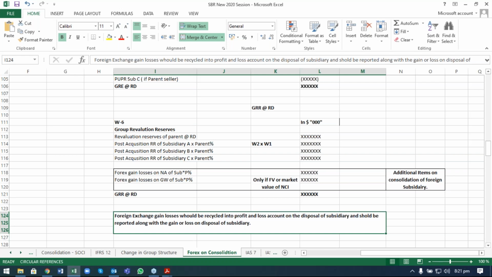If you have fair value of NCI available with you, IFRS 10 says it must be used in preference, because this gives you the real picture of the company, what the market participants are considering about the company. Are you getting the point? But in few of the cases, we might not have NCI fair value available. So how can we find it out? But we have to consolidate it.